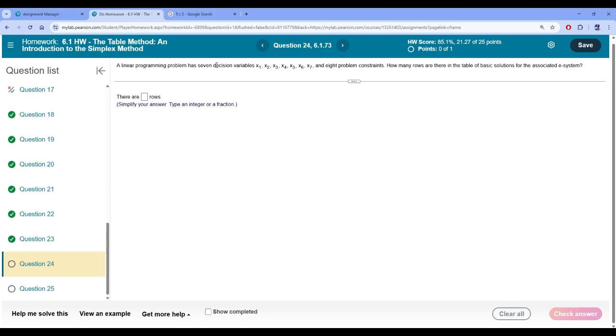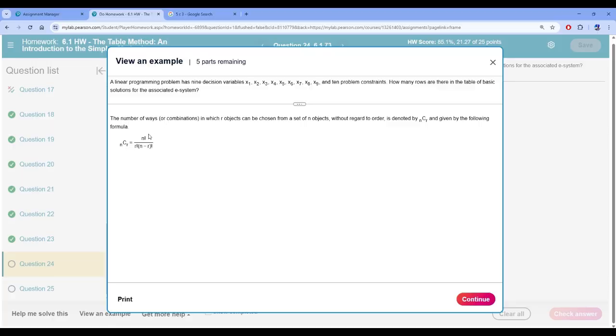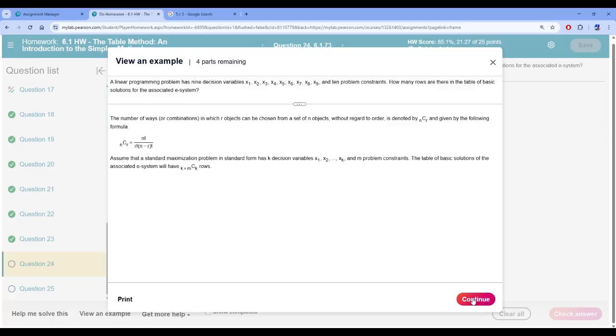All right, a linear program problem has 7 decision variables, 1, 2, 3, 4, 5, 6, 7, and 8 problem constraints. How many rows are there in the simplex table associated with this problem? I believe you need to add them. Oh, you just add them.